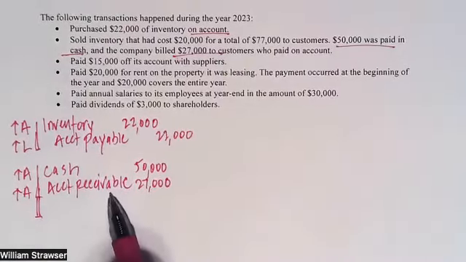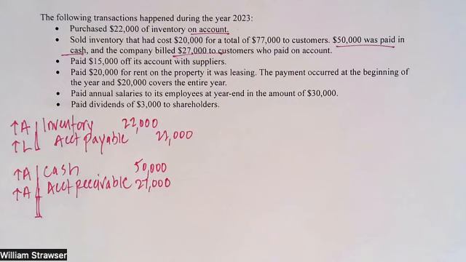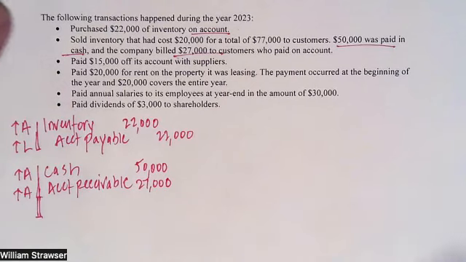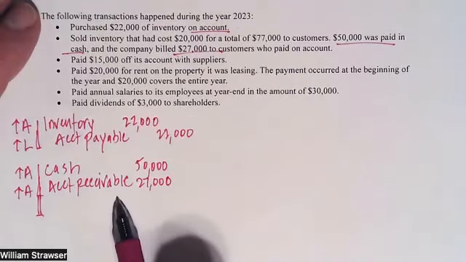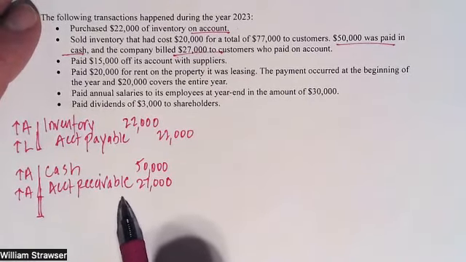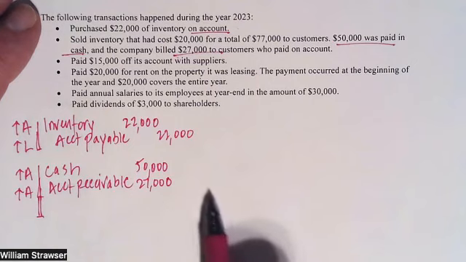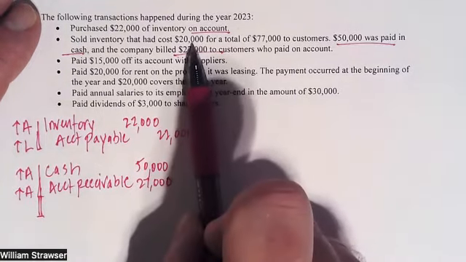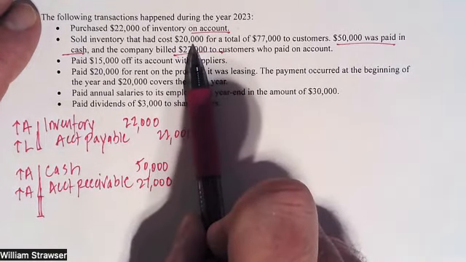So I got it by selling inventory to customers. You could say, all right, well, maybe I should credit inventory. The problem with that is I cannot credit this inventory for $77,000 because it didn't cost me $77,000. It cost me $20,000.